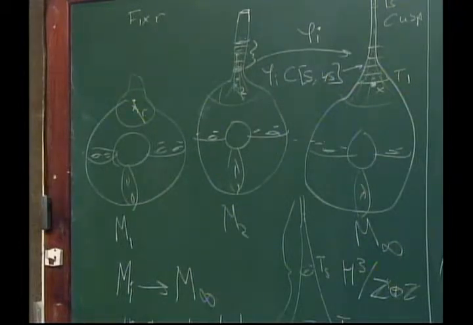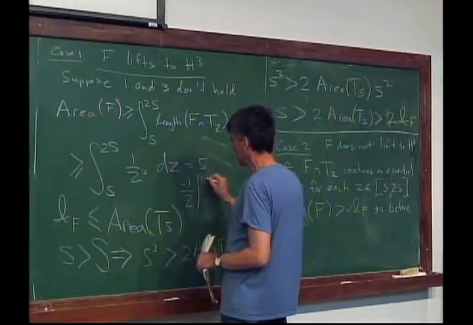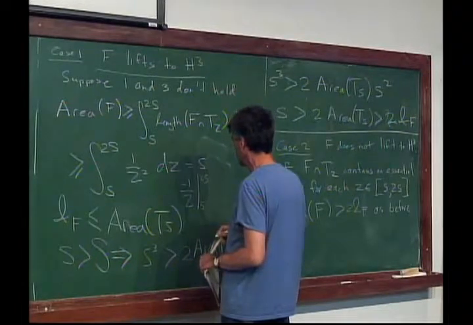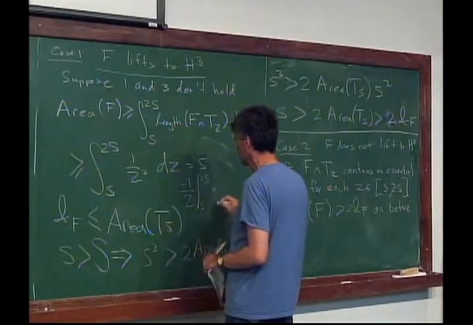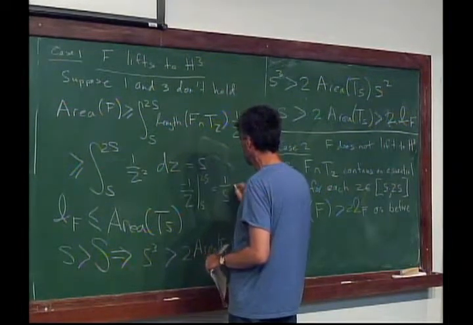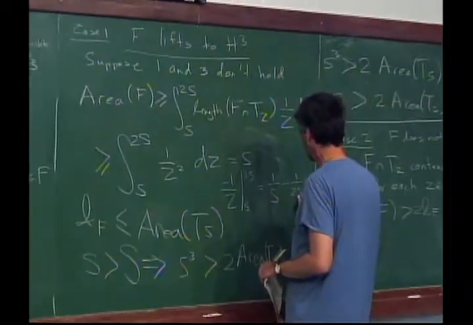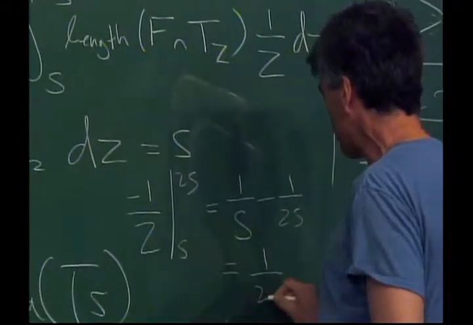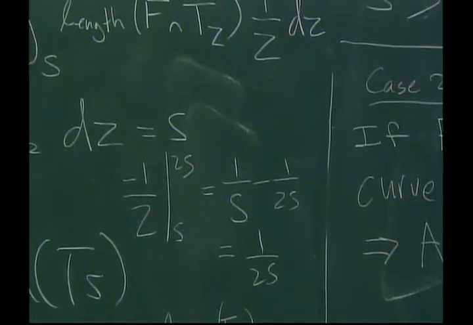This is minus 1 over z. Right, so it's 1 over 2s. Yeah, that's right.